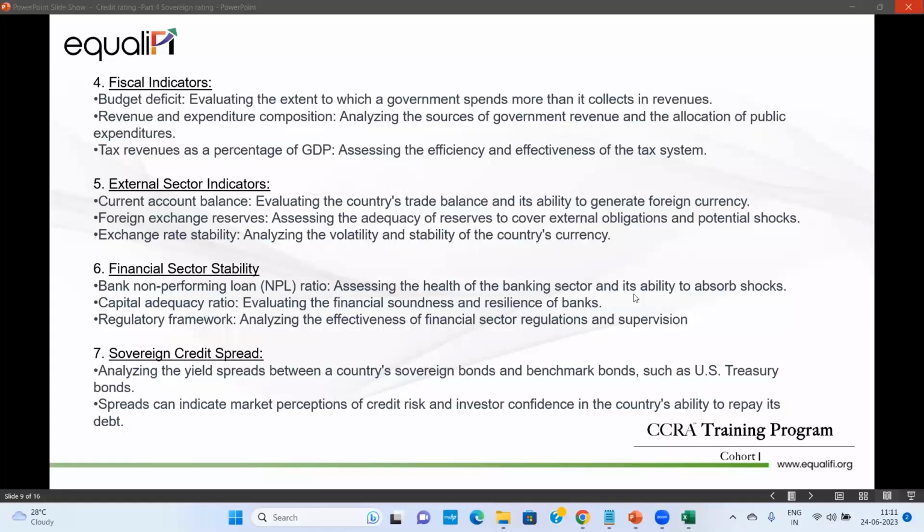Next is financial sector stability. When we talk about financial sector stability, the first thing we look at is the non-performing loans of the banks. It is not a specific bank, but what is the country's NPA.